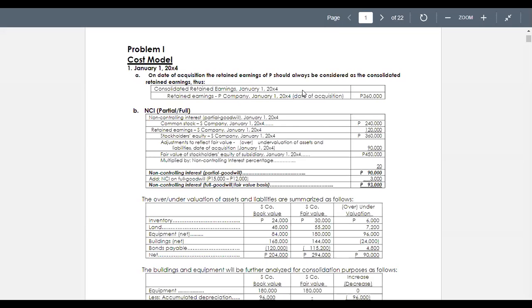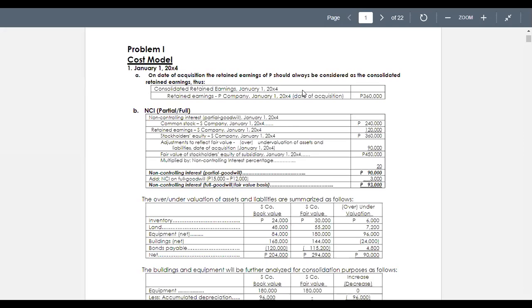That's equal to 15,000. Okay, the full goodwill, that's equal to 15,000. And we deduct the amount of 12,000. That will be your second assignment. Where did these amounts, 15,000 and 12,000, come from? If you look at the problem solution, you are already given 15,000 and 12,000.